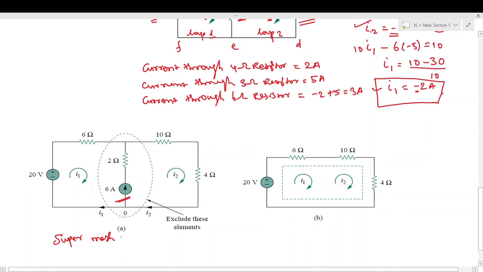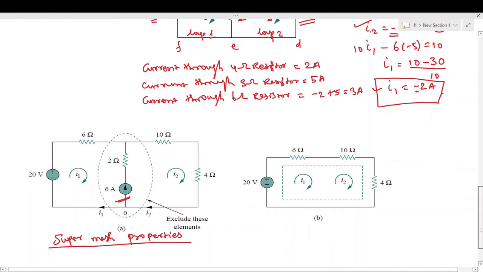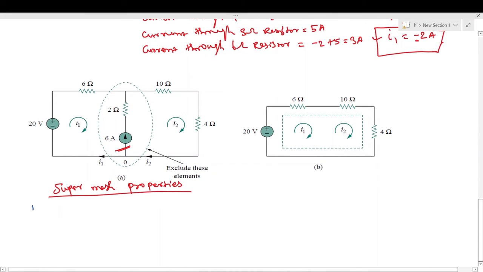Super mesh properties. The first property will be, it has no current of its own.